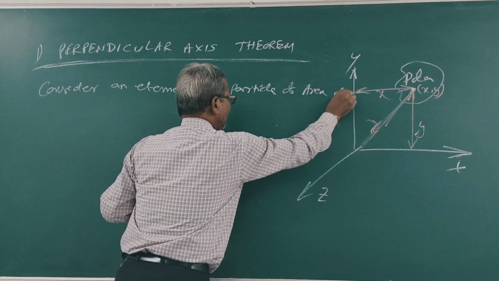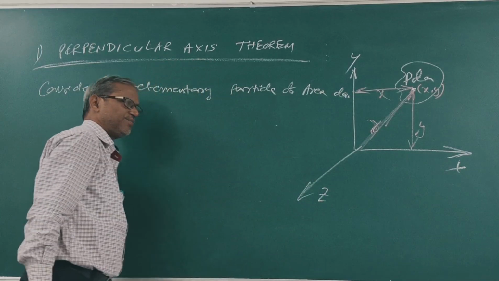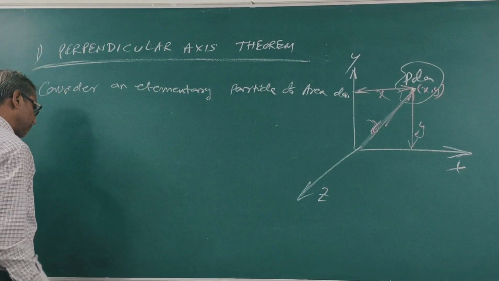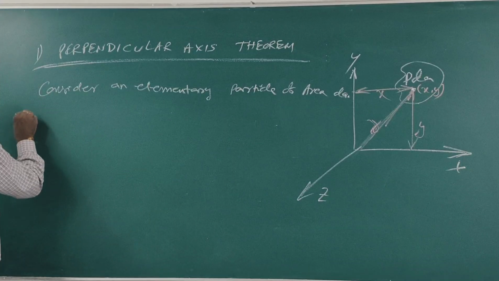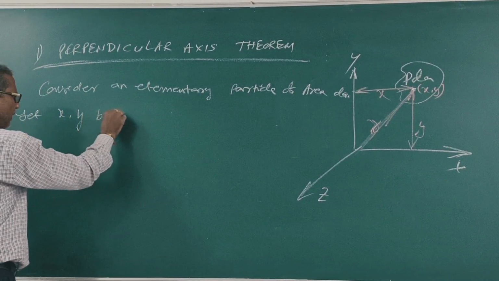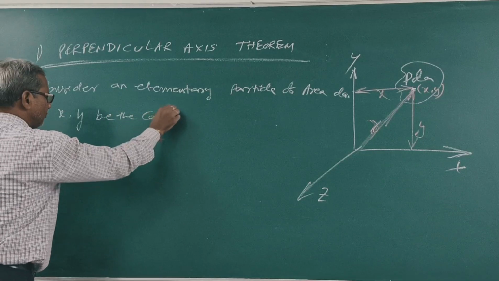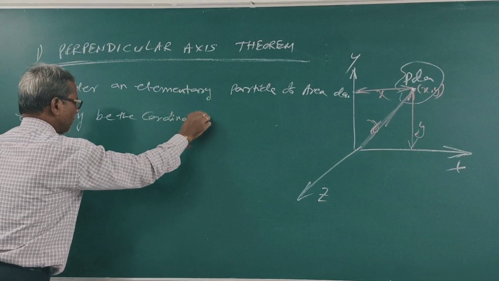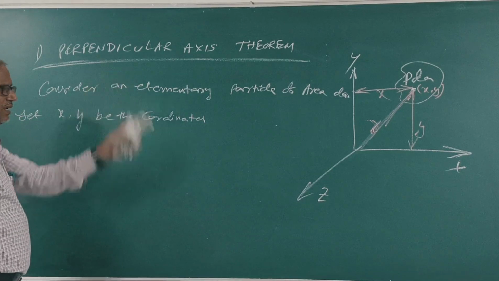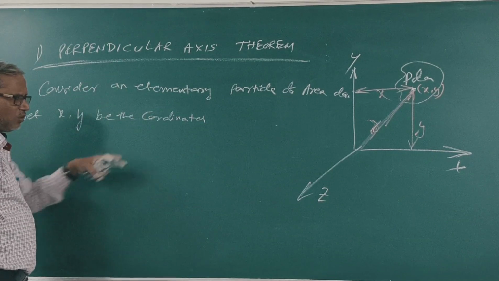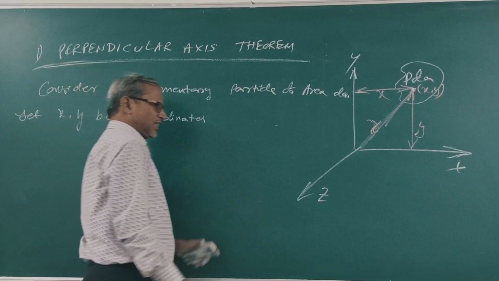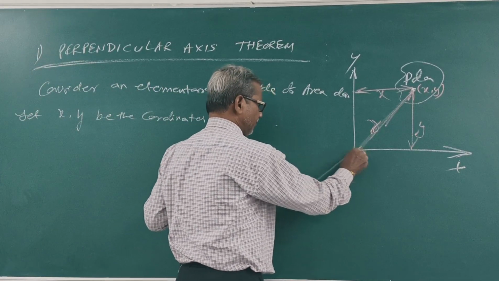Clear? Let x, y be the coordinates. Means x is the distance from the y-axis, y is the distance from the x-axis, and r is the distance from the origin O.